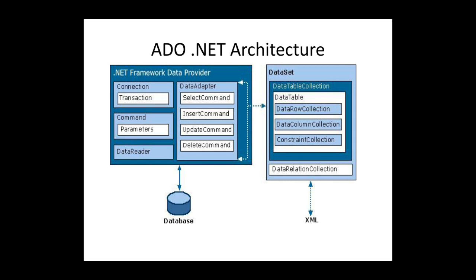Data adapter class uses select command, insert command, update command and delete command to deal with the database, and these commands are actually executed using the command classes. Data set is a temporary storage where the result of queries are stored, and this is used along with data adapter in the disconnected architecture.